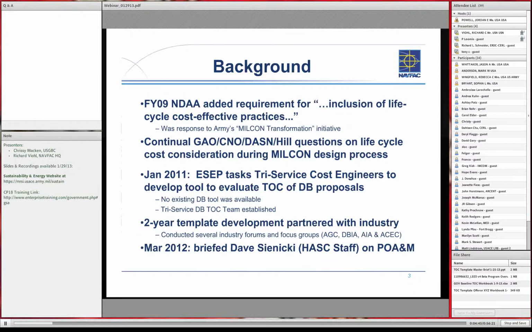And this was one of the areas where we had to say, well, we maybe need to do a better job. So this is why the design-build evaluation tool was developed. Most recently, this past March, we briefed it to Dave Sinecki up at the HASC staff, and so they are aware that we're working on this initiative.